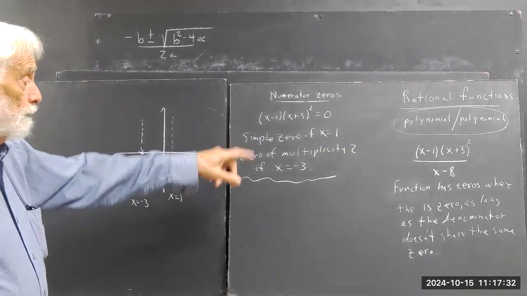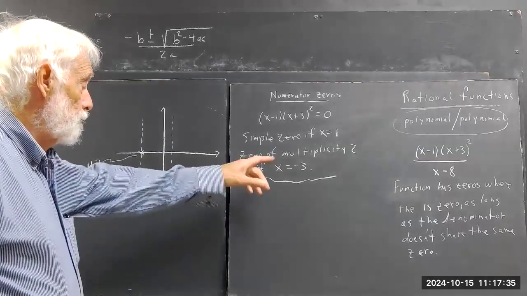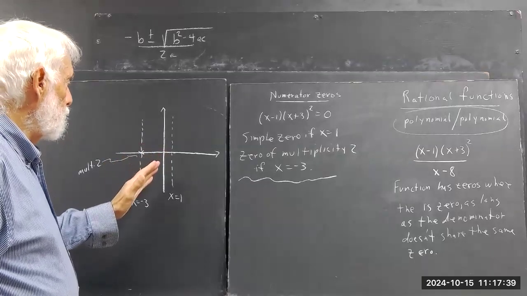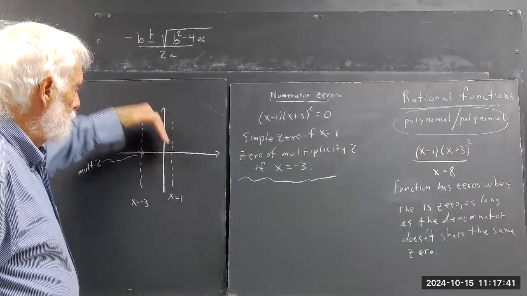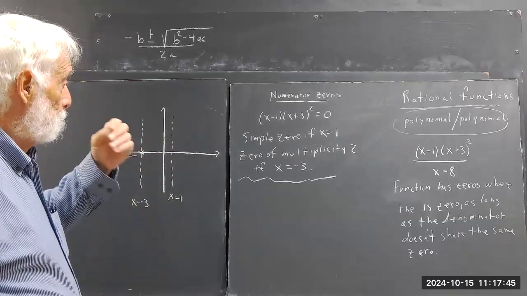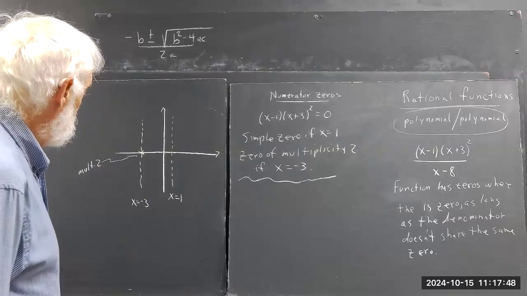This is a simple 0 of multiplicity 1, and you're going to go through this 0 either up or down, either with an upward slope or downward slope. So we know that much about the graph.